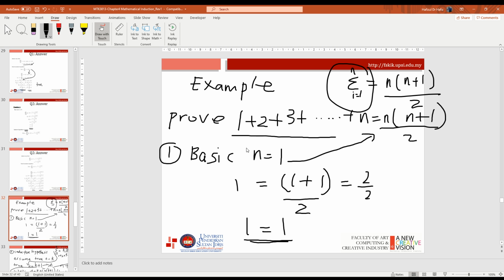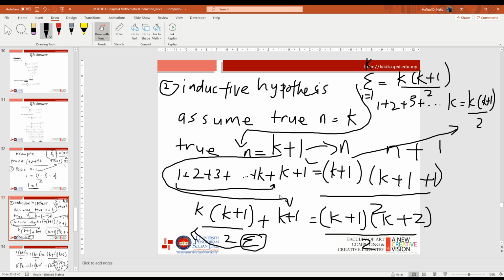Okay, another example is to prove 1 plus 2 plus 3 plus up to n is equivalent to n times n plus 1 divided by 2. And the basis is n equivalent to 1, and then we can find this one is the same. 1 is equivalent to 1. And secondly, for the inductive hypothesis, n equivalent to k. And then the total sum for i equivalent to 1 to k is k times k plus 1 divided by 2.